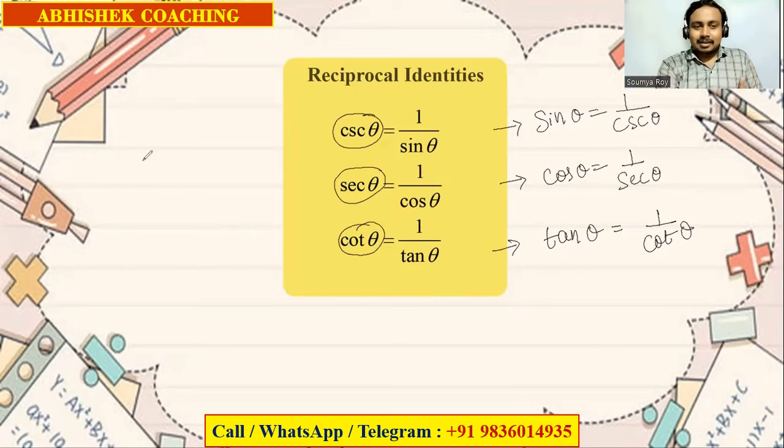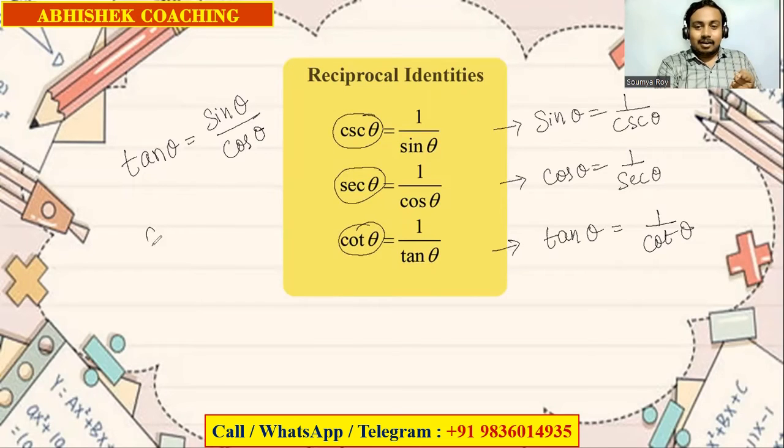So let's remember two more identities. Okay, so although I have tan theta is equal to 1 by cot theta, I have one more identity, tan theta equal to sin theta by cos theta. Very easy na. Tan is sin by cos.